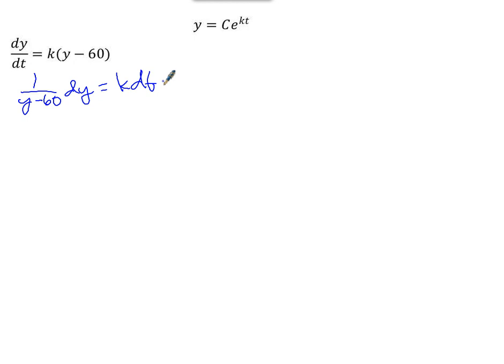Yeah, we got to integrate because we got to wind up with an equation that kind of looks like that. What is the integral of 1 over y minus 60 dy?